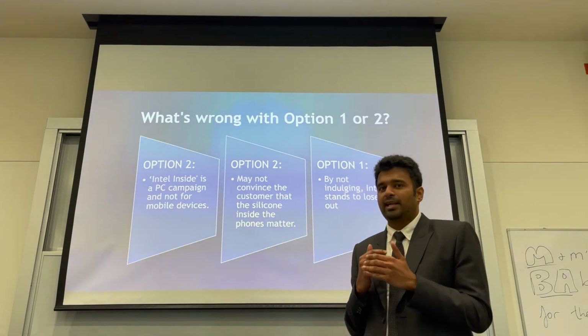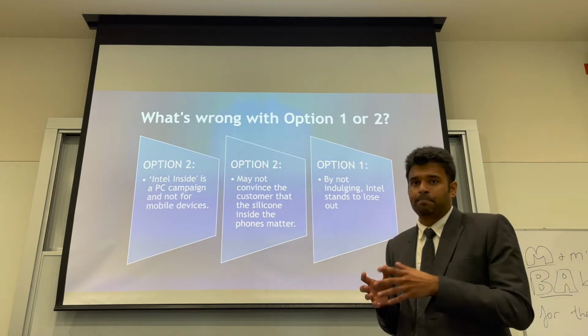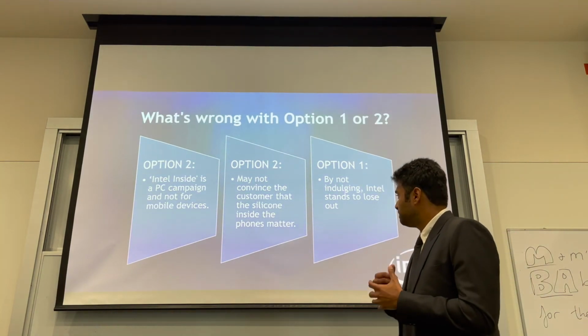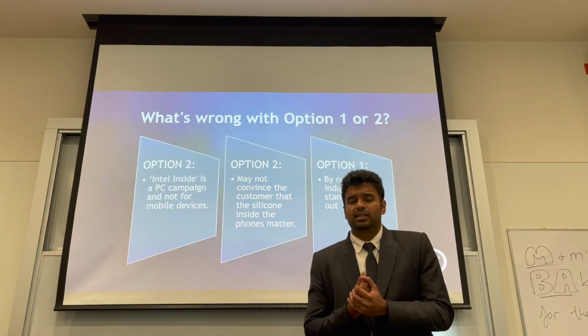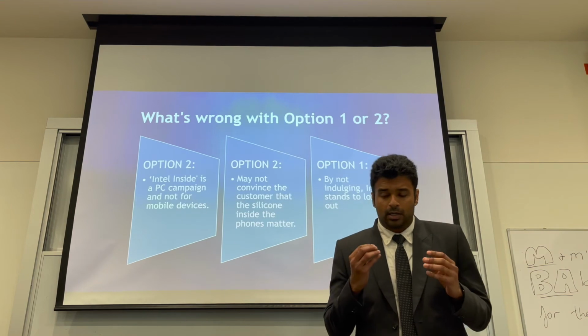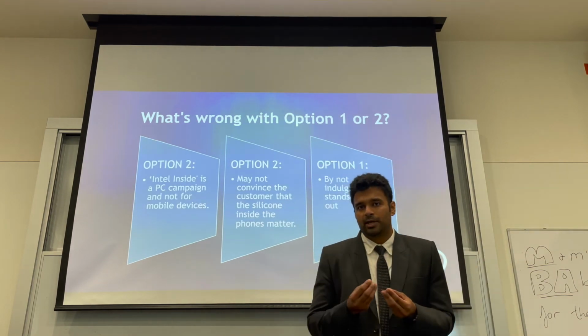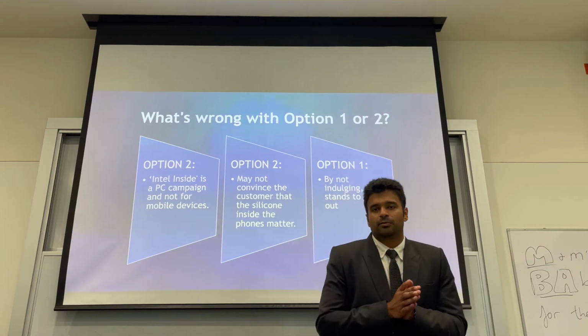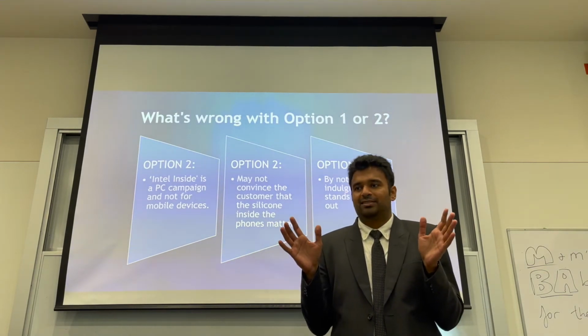There might be a slight gap which we don't want the customers to feel. Secondly, in option 2 as well, does it really give the essence of what Intel Inside stands for from a mobile user perspective?